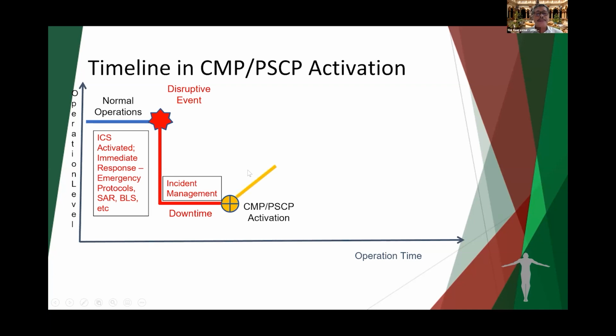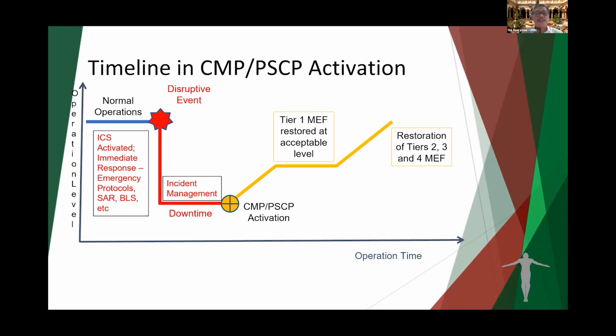Now, our crisis management plan, or the PSCP, is activated until our Tier 1 mission essential functions are restored at acceptable levels. And we continue with our PSCP until the restoration of our Tiers 2, 3, and 4 mission essential functions are attained in order to go back to our normal operations.